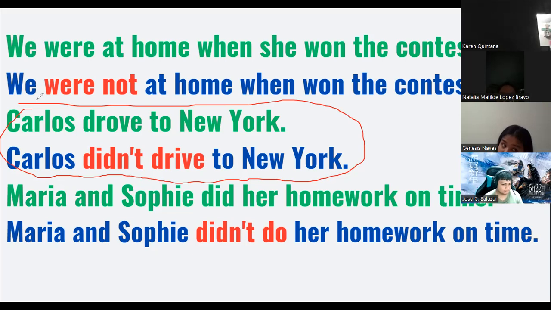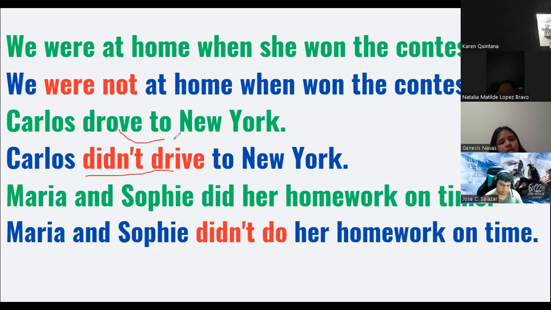What does that mean in Spanish? Carlos manejó a Nueva York. Very good. Okay. Y para el negativo, utilizamos didn't y el verbo vuelve a su forma original. Drove becomes drive. Carlos didn't drive to New York. That happens with all the verbs except the verb be, of course.